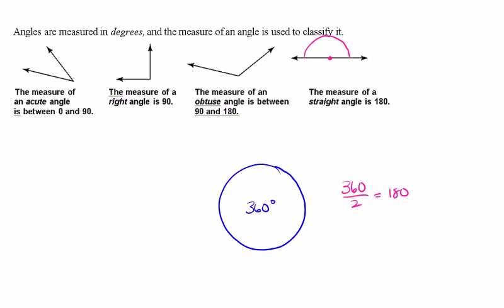So let's say this is X, this is Y, and this is Z. Then angle XZY would be 180 degrees, or YZX, you can go the other way. So a straight angle is 180 degrees.